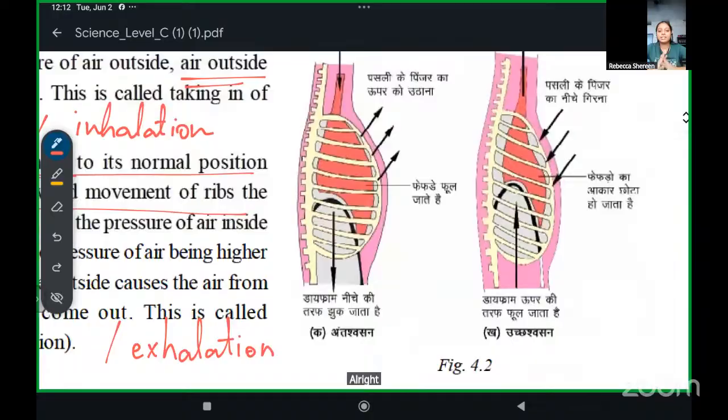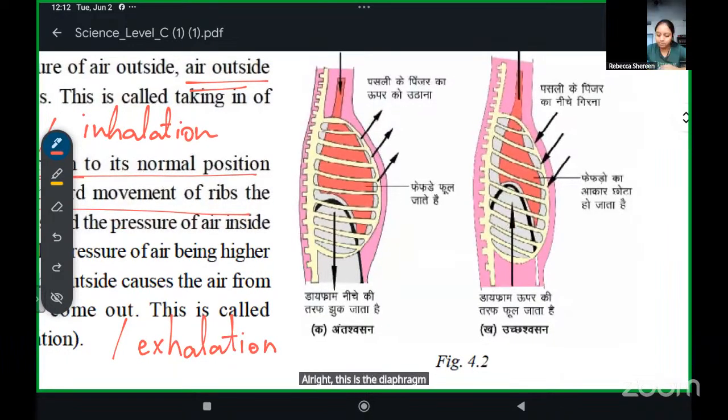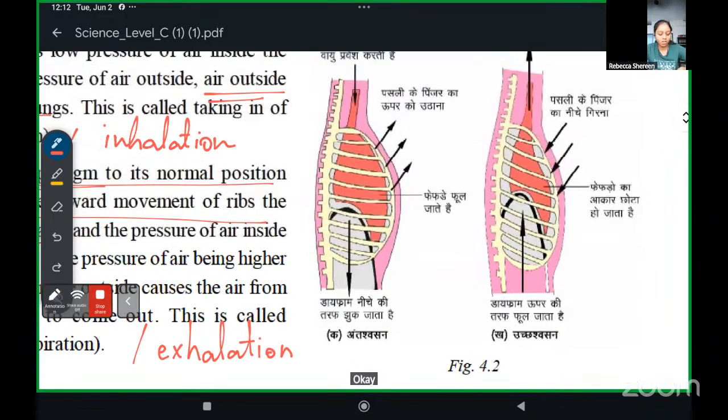This is the diaphragm. Let me just show you an image which is in English.